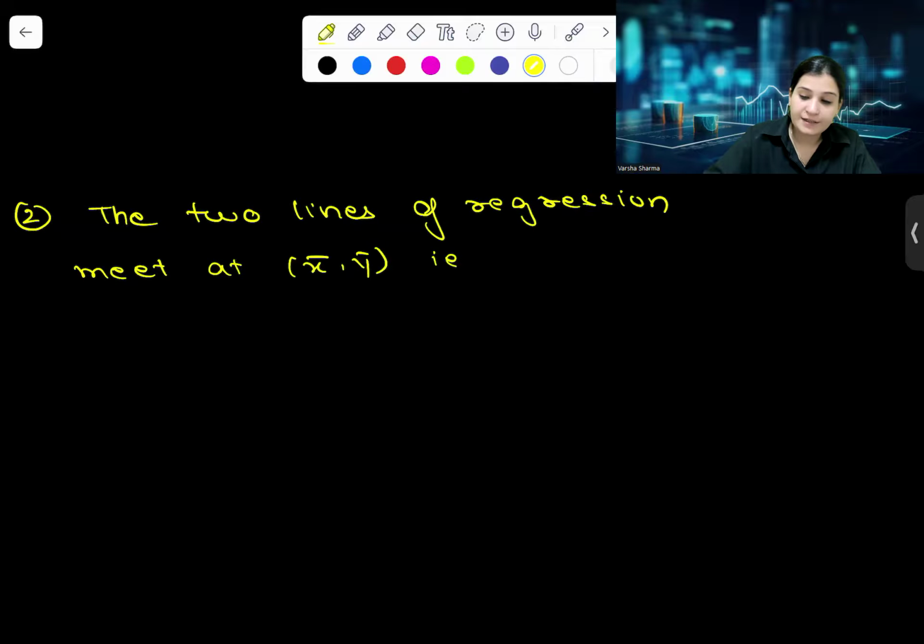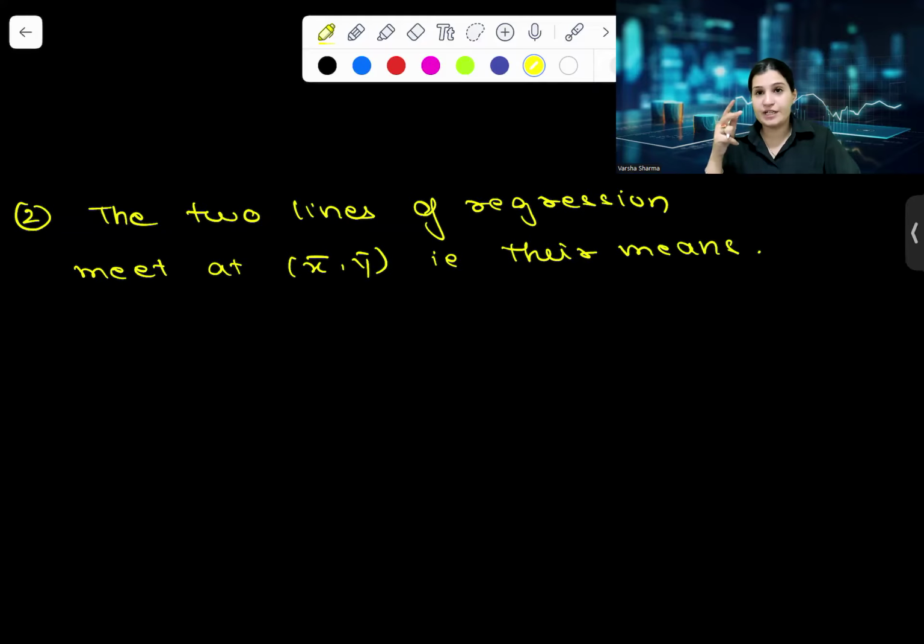That means their means. That means if you give me two lines of regression, when I solve them, the values of x and y that I get will be nothing but the means of x and y.